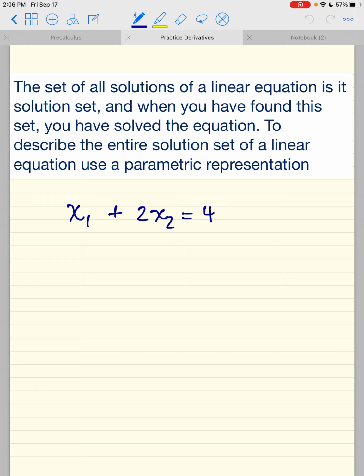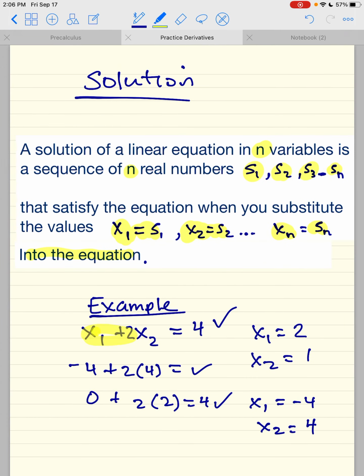So to describe the entire solution set of a linear equation, we're going to use parametric representation. A lot of times when we think of parametric, we think of the variable t. And here's basically what's going to happen, okay? We have, let's say this example, x1 plus 2x2 equals 4, right? Now, just like we've seen here, there's many answers.